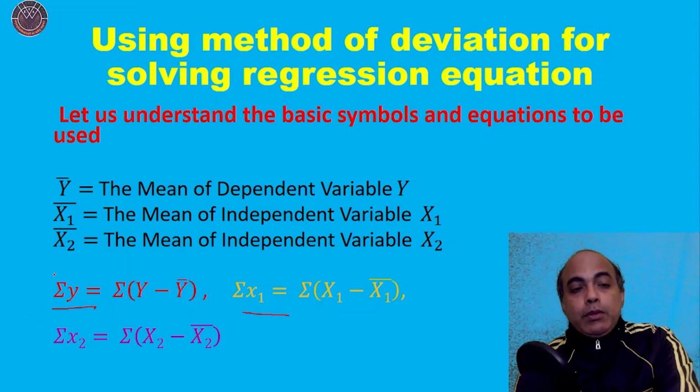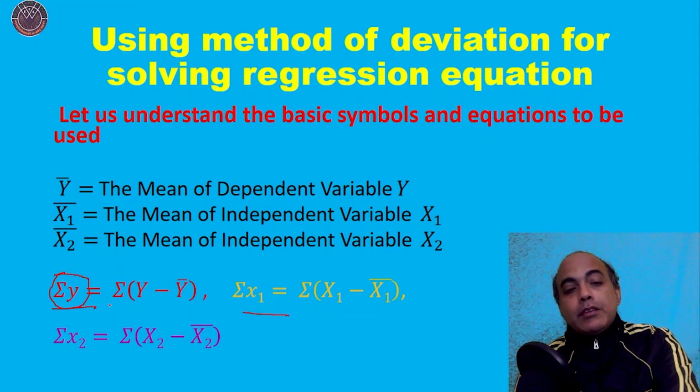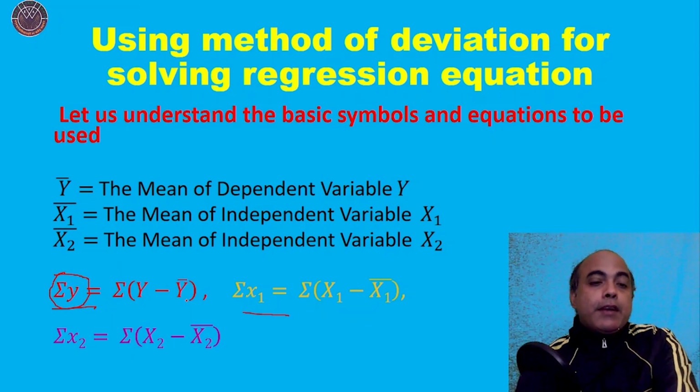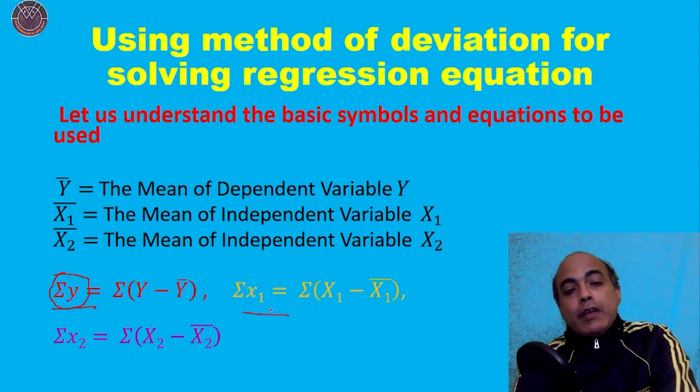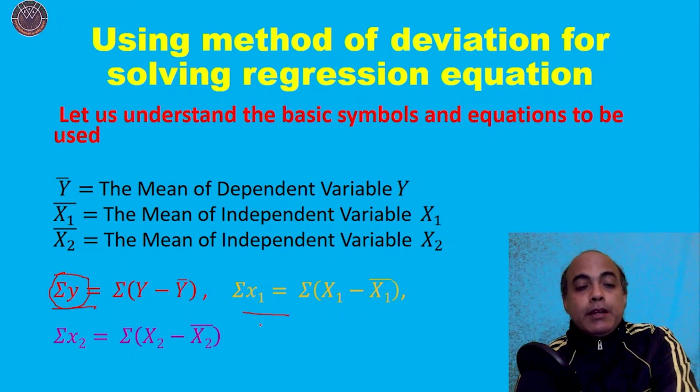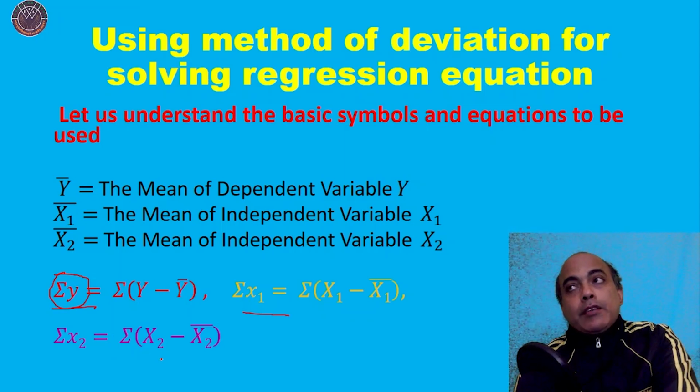So you be very much specific that small y is summation of y minus y bar, and similarly sigma of x1 equal to sigma of x1 minus x1 bar. And you can always know that sigma of x2 is sigma of x2 minus x2 bar.